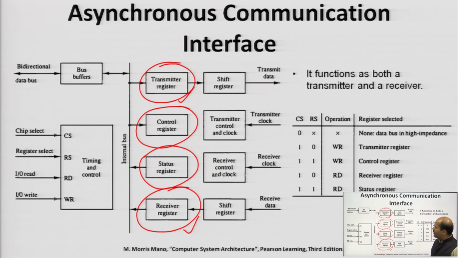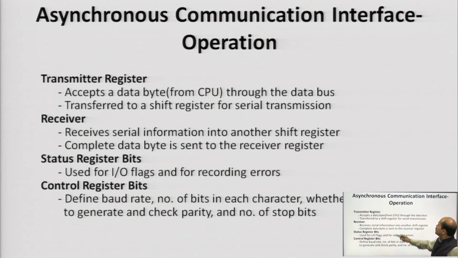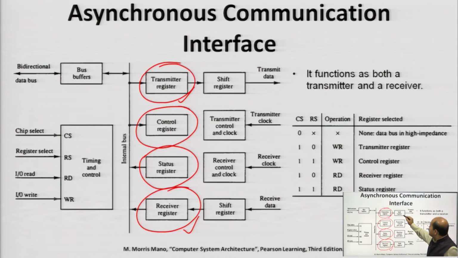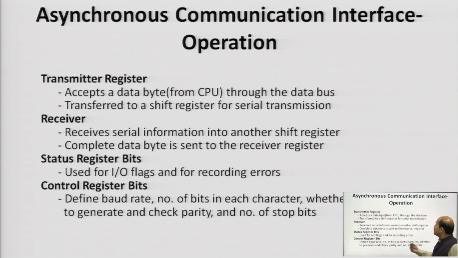These are the explanations of various components used in this interface. The transmitter register accepts a data byte through the data bus from the CPU and transfers it to a shift register, as shown here. When the data is transmitted by the CPU, it goes to the shift register to shift one bit at a time, in each clock pulse.